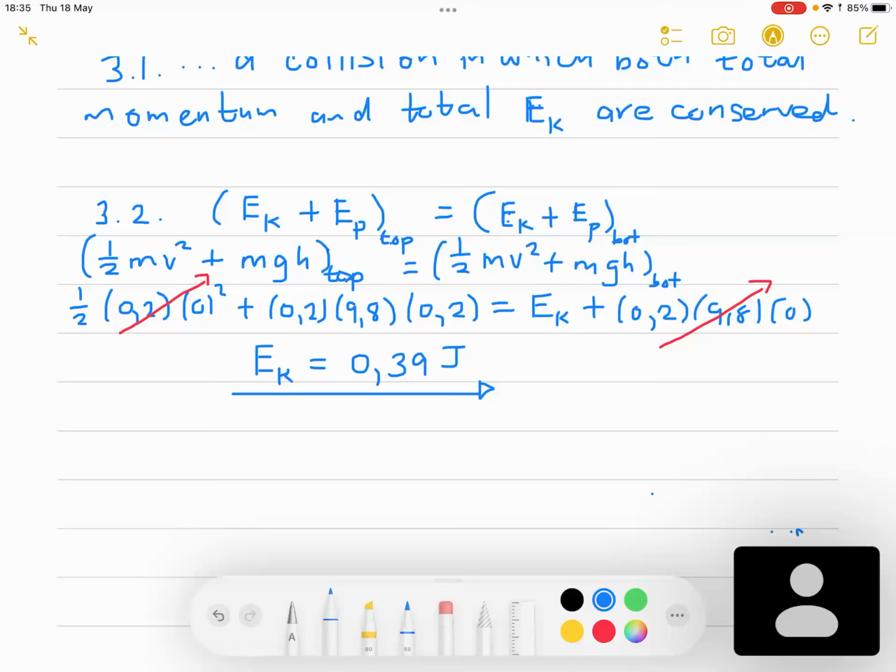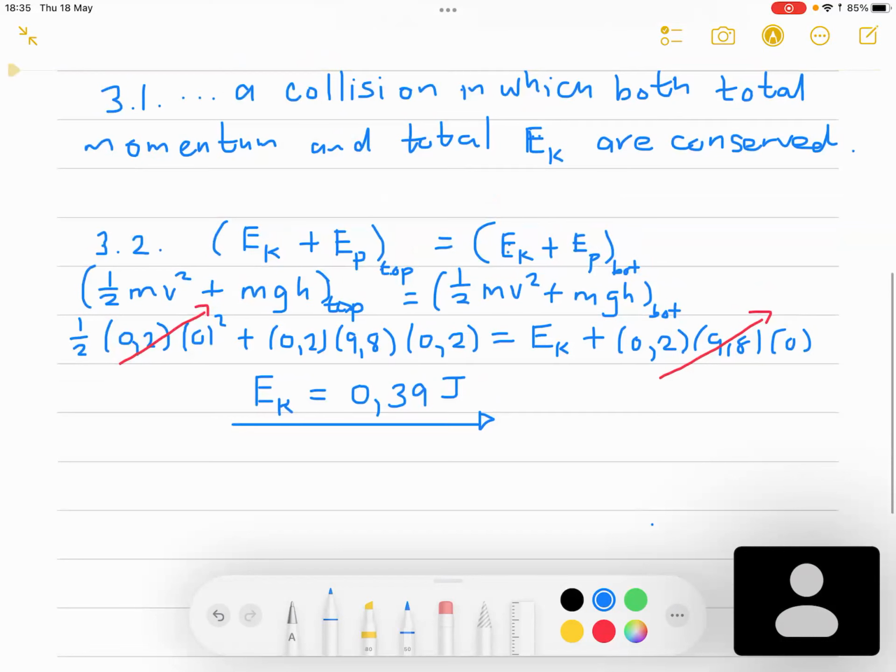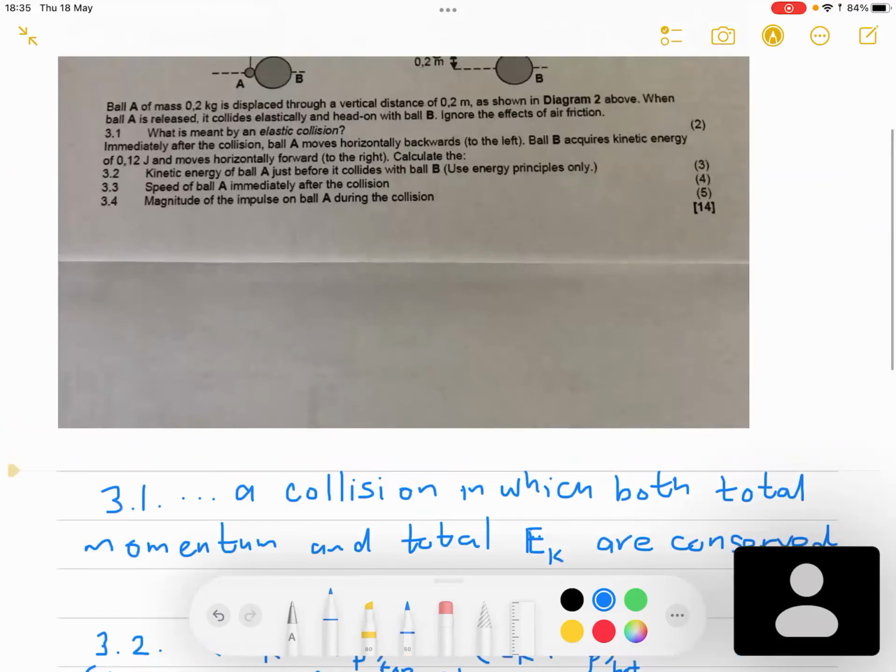That is the kinetic energy of ball A just before it collides with ball B. Okay, so maybe I should have said here for ball A. Maybe I should have done that at the beginning for ball A. Okay, so that's the kinetic energy of ball A just before the collision.